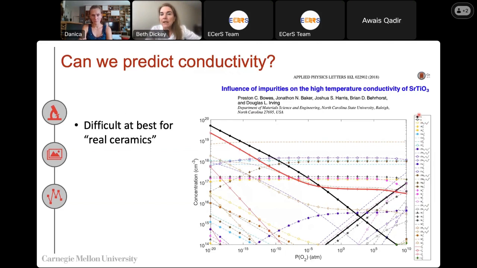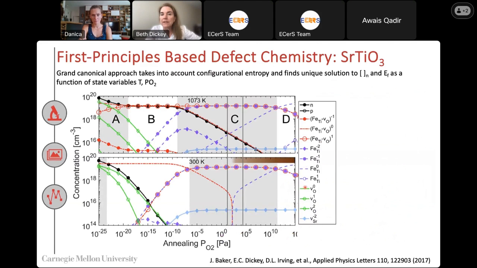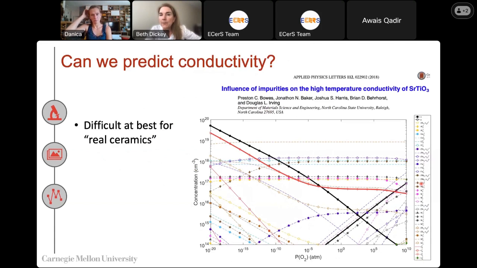If you consider not only the more intrinsic defects and the intentional doping, as we did in this case, but also all of the impurities that tend to exist in what I call real ceramics, right? We have background impurities that can be at 10 to the 17 per centimeter cubed, 10 to the 18 per centimeter cubed. You have this sea of impurities in most ceramic materials that come into play.